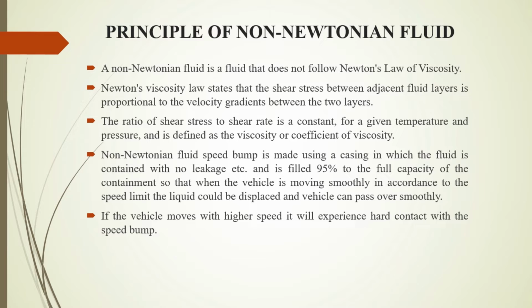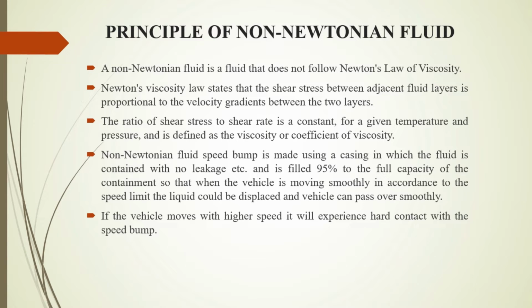Our non-Newtonian fluid speed bump is made using a casing in which the fluid is contained with no leakage. There is no leakage in the speed bump and it is filled to 95% of the full capacity of the containment.